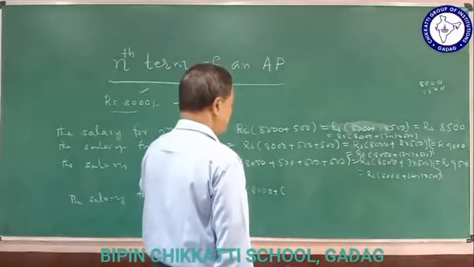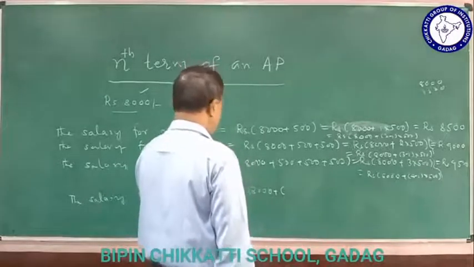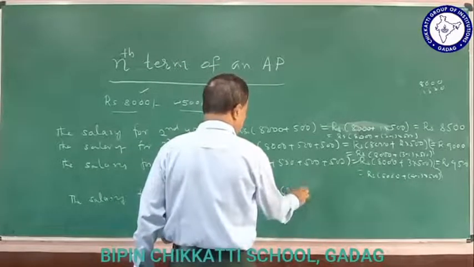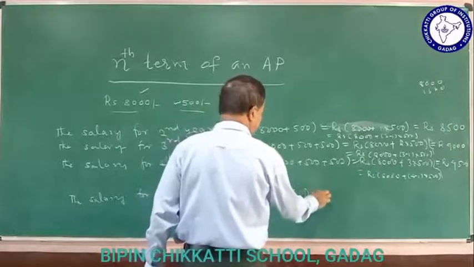So for the 25th year, you definitely have to take 25 minus 1 into 500. This is the salary.